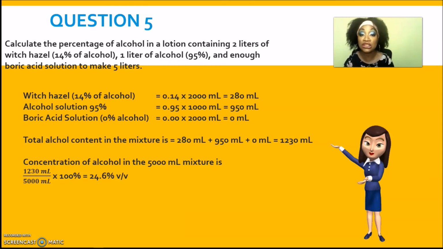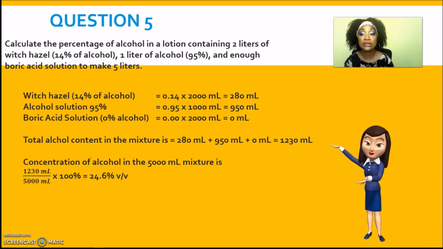So the final concentration is always to be determined, and therefore there are lots of things you have to take into consideration. One, you have to take into consideration what the final mixture would be in terms of volume or weight, and you also have to determine what percentage of the ingredient these other mixtures are contributing to the final mixture.